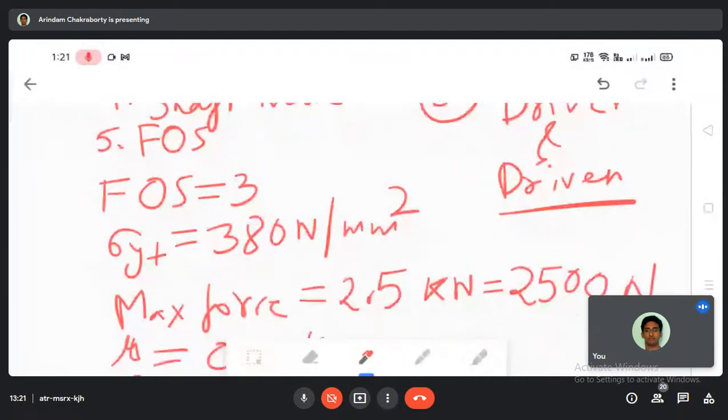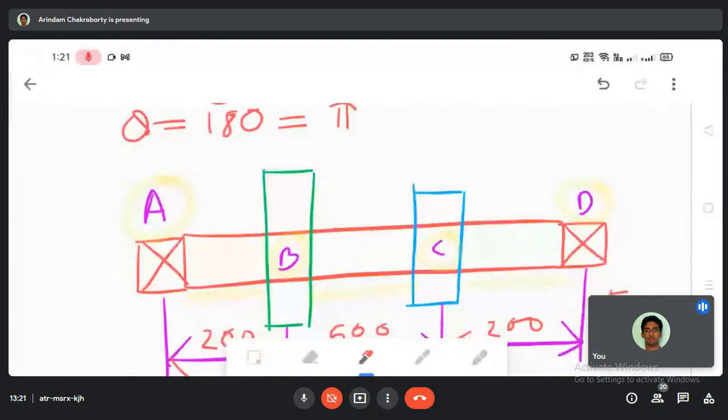So here let us assume B to be the driver pulley and this to be the driven pulley. Since it's a driver and driven pulley, the force will be transmitted from here to here, that is from B to C.